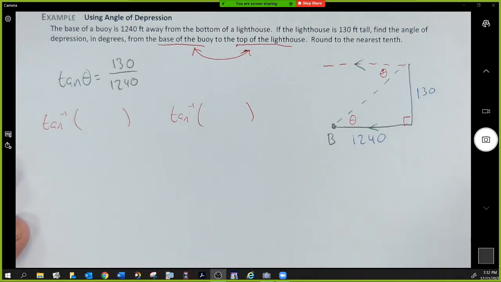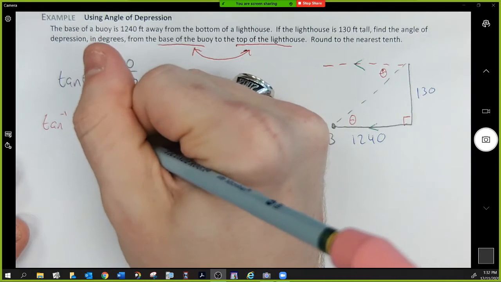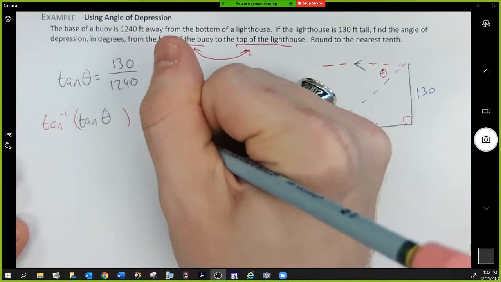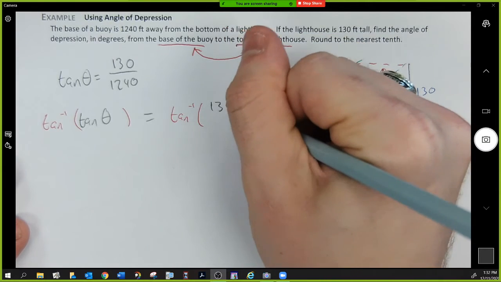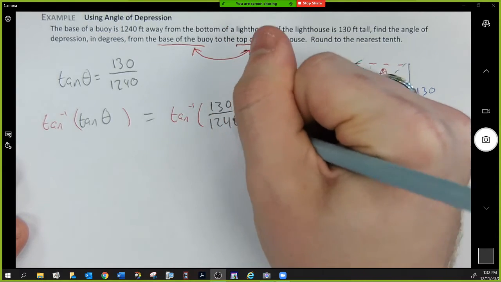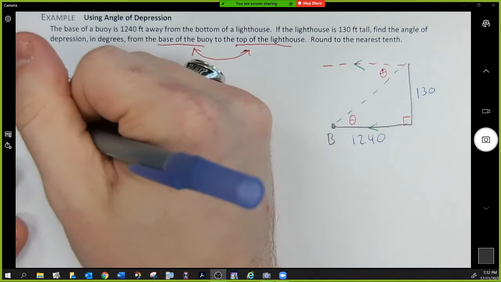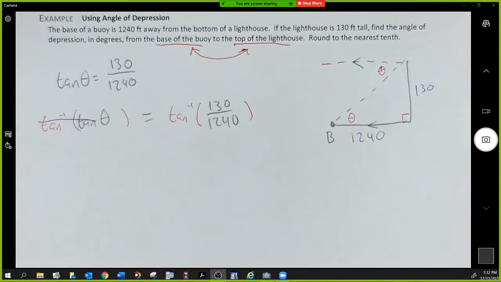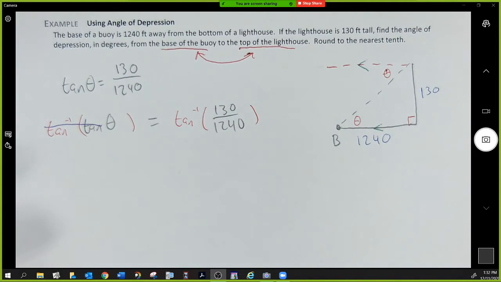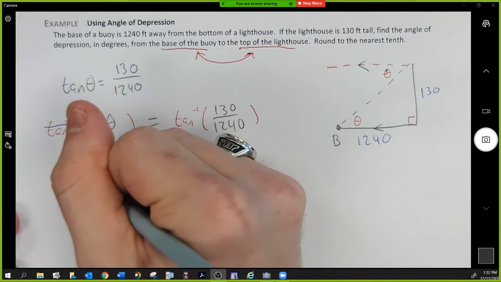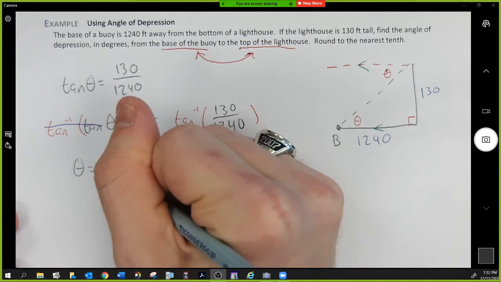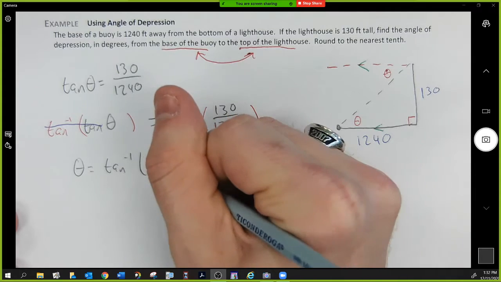So the tangent inverse of tangent of theta equals the tangent inverse of 130 over 1240. And these guys right here, they cancel out, leaving us a theta, which is what we were trying to do. Tangent inverse of this weird fraction.